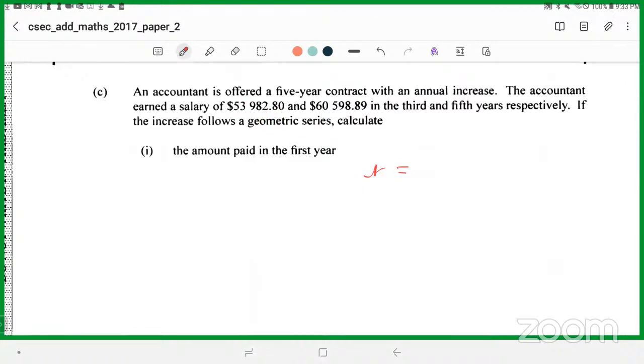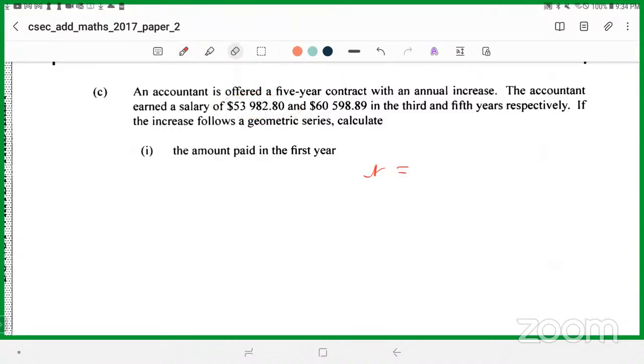Remember, to go from term to term, you're multiplying the values by your R. If you correct your R to a small number of decimal places, then the accuracy of the numbers will be lost.